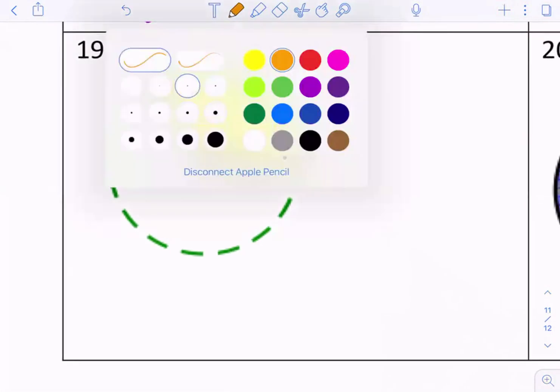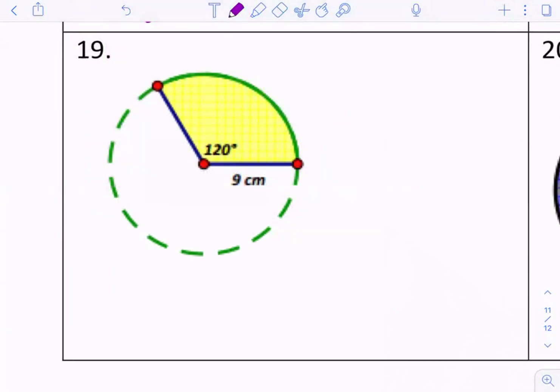So here we have a circle, but do we have the full circle? No, we don't. We know the area of a circle is pi r squared, but we have to put some fractional amount in front. We don't know exactly what fractional amount, but what's the only piece of information they gave us?